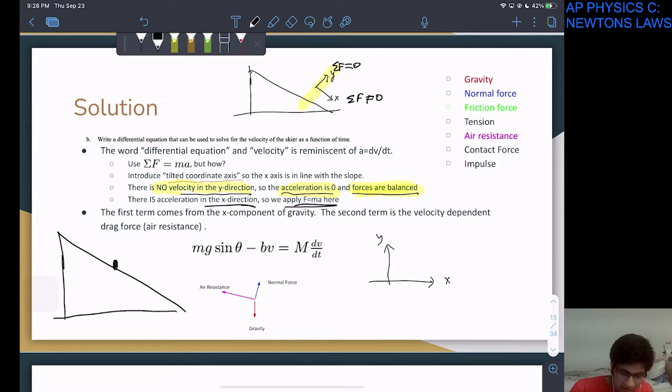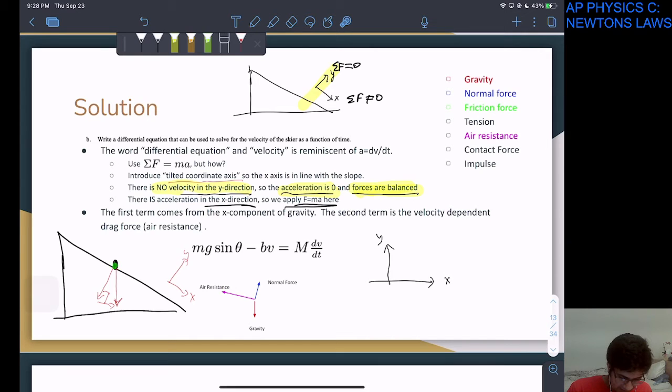The skier is not going to be a point particle, and our gravitational vector points down, but because our axis is this here, we want to look at the component of this vector along the x direction, which is simply this component, and this theta here is the same thing as this theta. You can work that out geometrically.